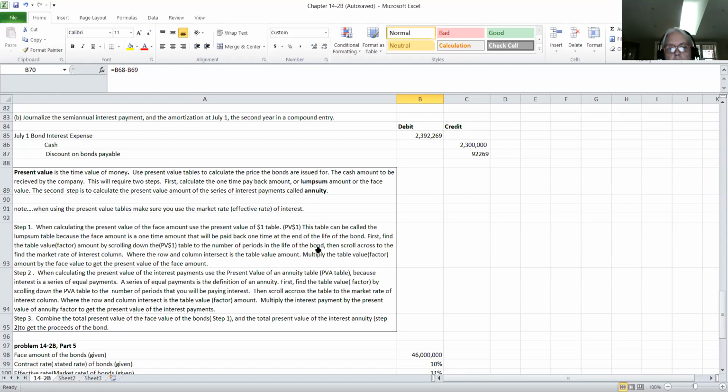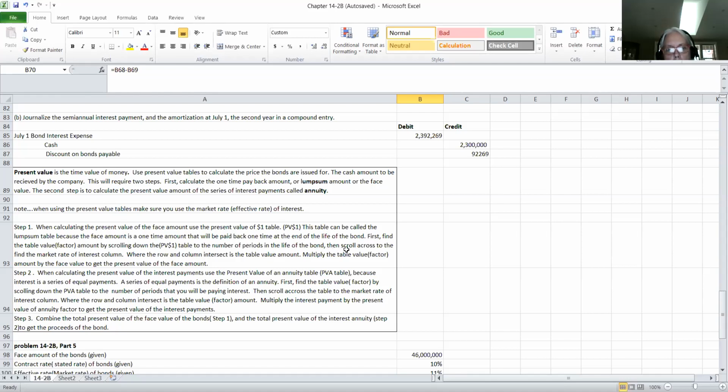In this case, the life of the bond is going to be 20 years, but because there's semi-annual interest associated with this, we're going to make the periods in the bond 40 periods. We're going to multiply 20 by 2 because it's a semi-annual amount that we're going to be paying back in bond interest. So we're going to find the number of periods in the life of the bond, which in this case would be 40 periods.